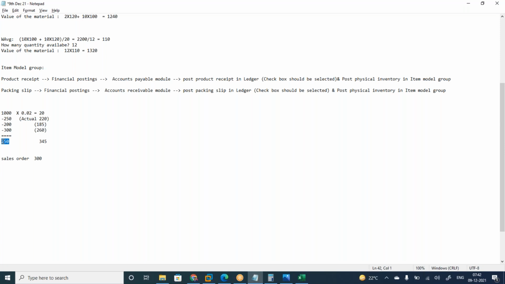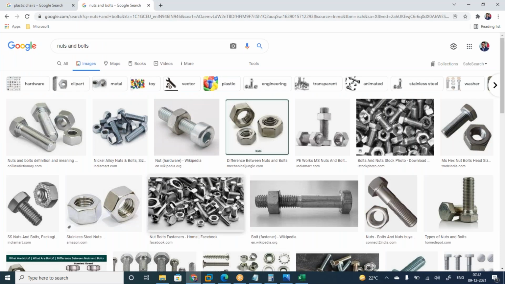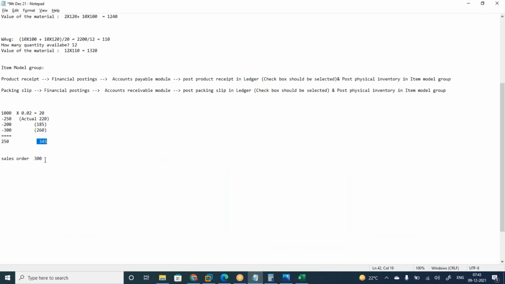Physically, the count is clearly showing 345 in the box, but you are telling me you cannot sell 300 because it is not in the system. What is wrong? Give me 300.